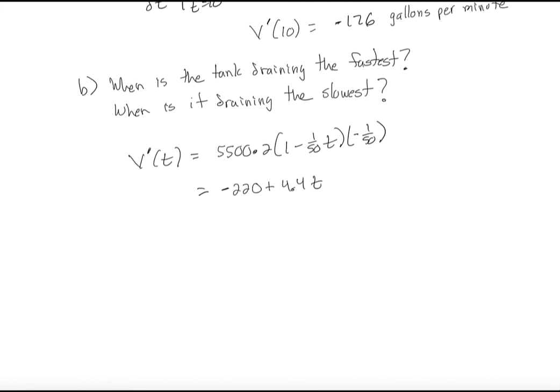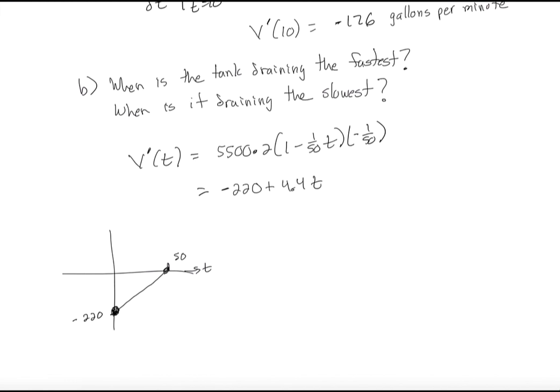Now, if I think of sketching this line, a real rough sketch, I have a y-intercept of negative 220. And then the line is going to increase all the way up to t equals 50, because that's when the tank will stop draining. So we know at 50 minutes, the tank is empty, and the rate of change is 0 when the tank is empty. So we can see the tank is going to be draining the fastest at time 0.